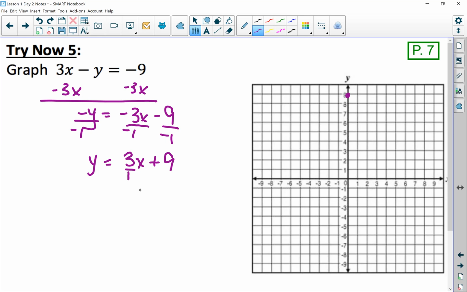So 3/1 is the same as -3/-1. If I go down 3 and left 1, that will work. And I could do that forever. And again, if I've done this correctly, it should look exactly like the last graph that I drew.